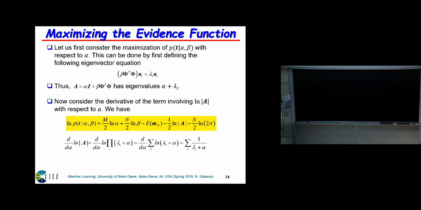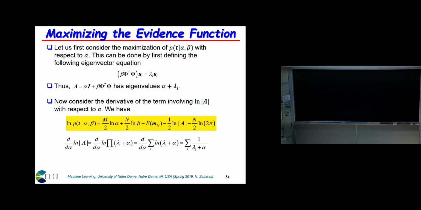If you know the eigenvalues of a matrix, and you think of the representation of the matrix in the eigenvector basis, you get the eigenvalues on the diagonal, so the determinant is really the product over i of lambda i plus alpha.